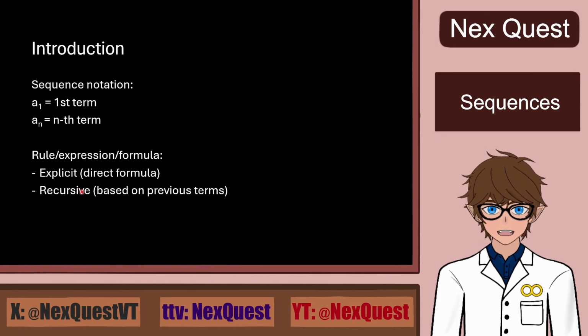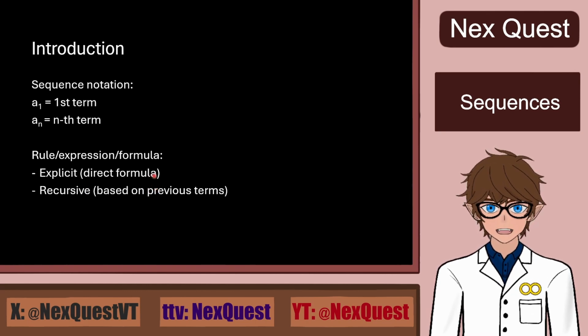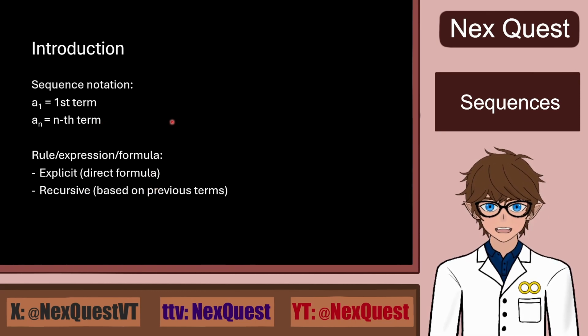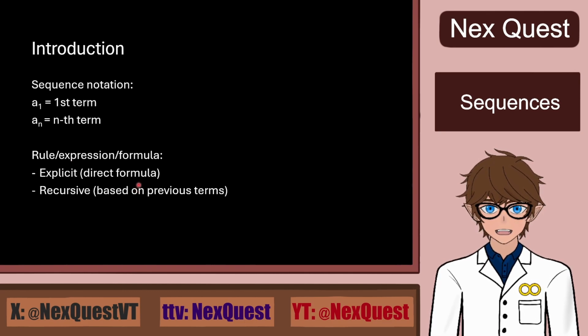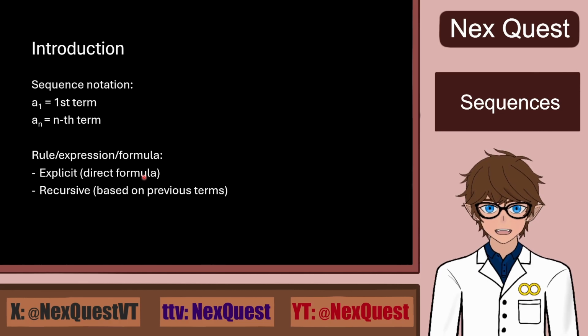And the second one is the recursive one, or the one based on previous terms, which is super useful to calculate the next term in the sequence. However, we will learn how to get the explicit formula from the recursive, or at least you'll be given all the knowledge that you need so you can do it on your own, which I think is also part of the mini-test, so I would listen along very carefully.